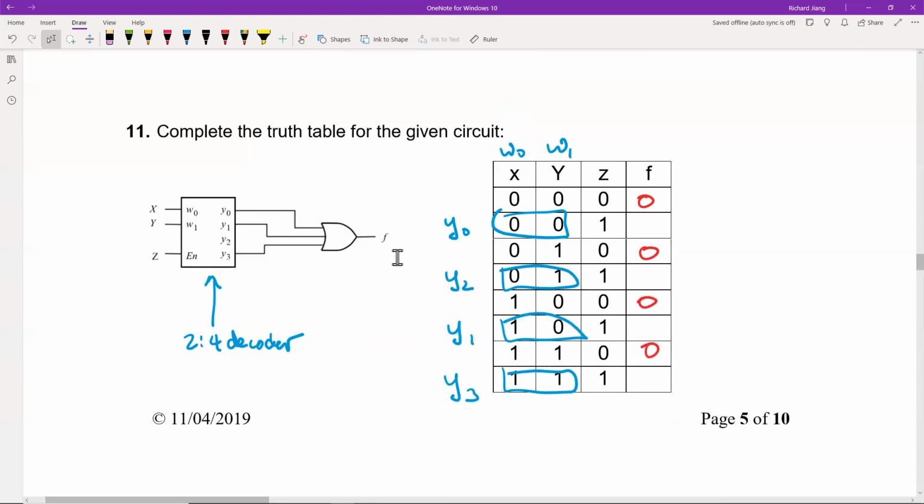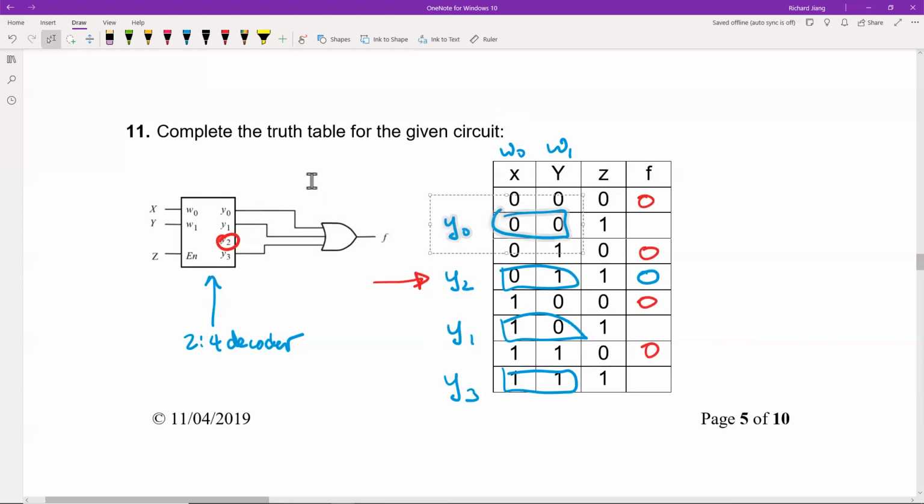This is a simple problem. Ultimately, what we see is that Y2 is disconnected. So whenever we're trying to assert Y2, we know that the output is not going to be a 1, because it's always one hot. There's always one that's asserted at any given time. In all these other cases, why not?